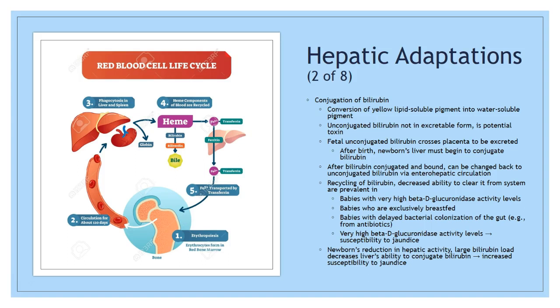Bilirubin is a yellow lipid-soluble pigment, and if it's not excreted, the newborn starts to turn yellow. So your newborn will start to show signs of jaundice.